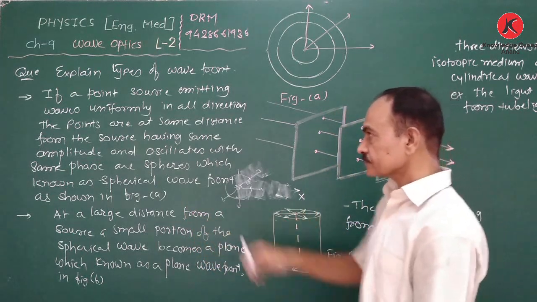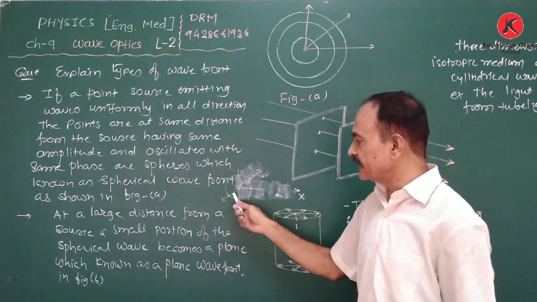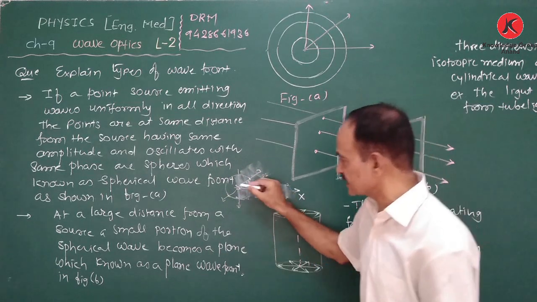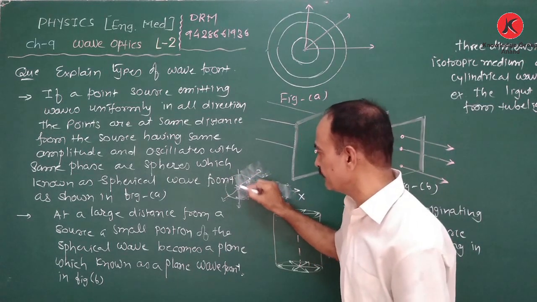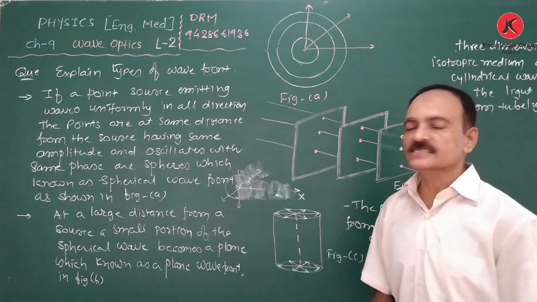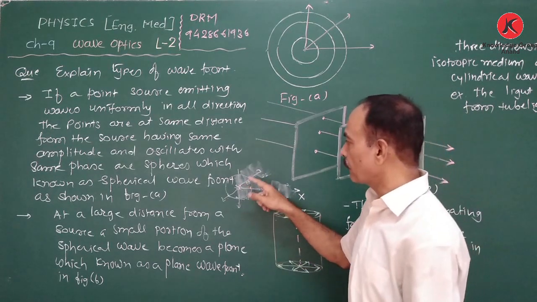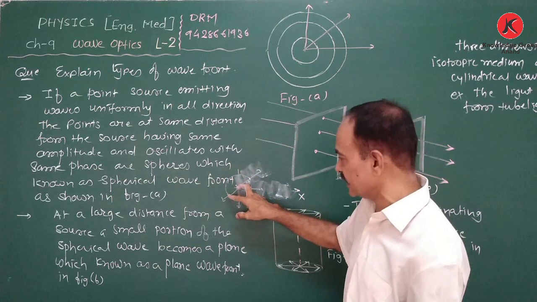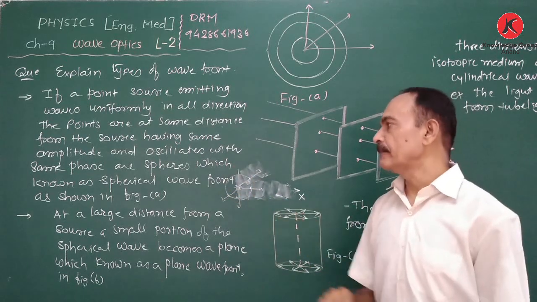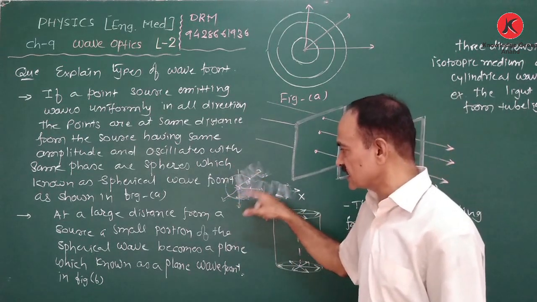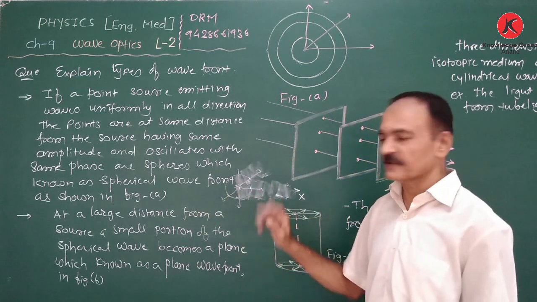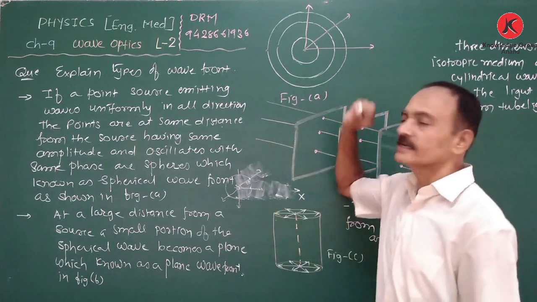The points at the same distance from the source, having the same amplitude and oscillating with the same phase, form a sphere, which is known as the spherical wavefront, shown in figure A.